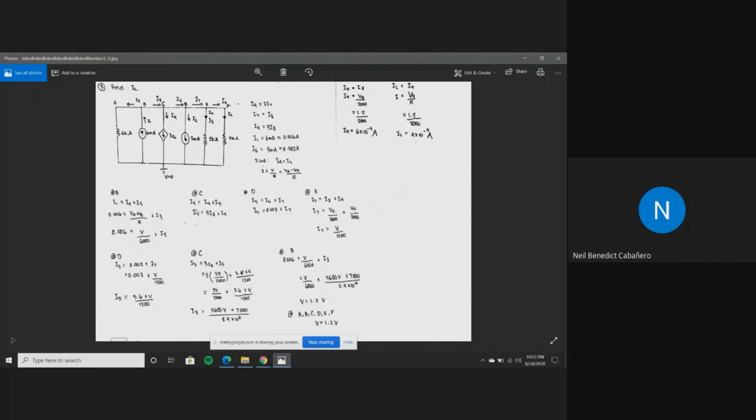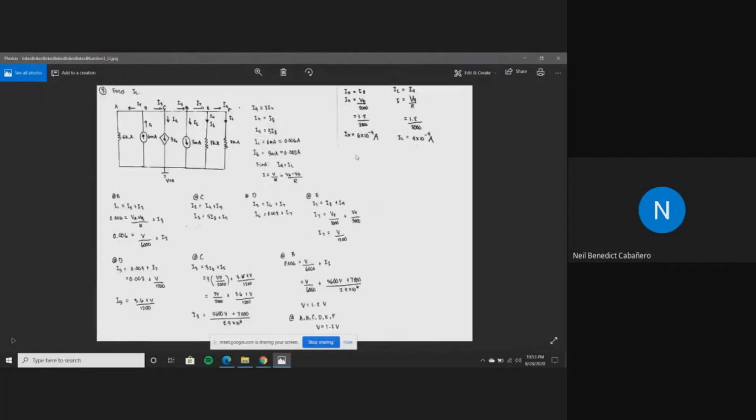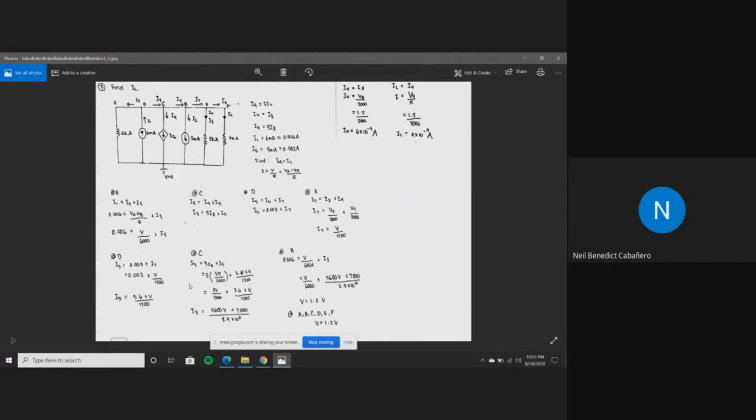So at node C, we can see that I3 is equal to 3I8 plus I5. So now we know I8 and I5. We just substitute these values in order to get I3.